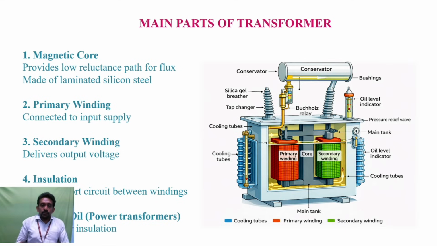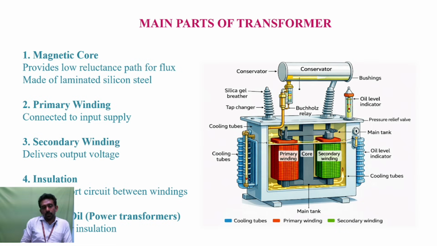Coming to the next part, main parts of transformers. There are five main parts of the transformers: the magnetic core, the primary winding, the secondary winding, insulation, and the tank and oil, which is mainly used in the power transformer. Magnetic core.